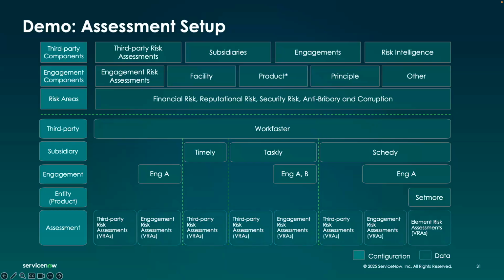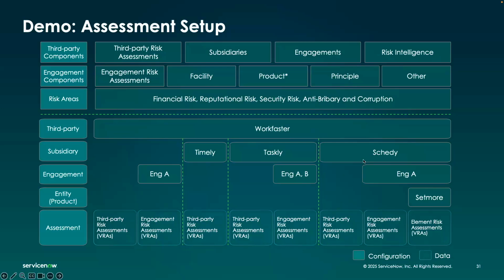WorkFaster has an ongoing engagement A, as you can see. Timely has no ongoing engagements. Taskly has two engagements ongoing, A and B, and Schedly has one engagement ongoing, engagement A.